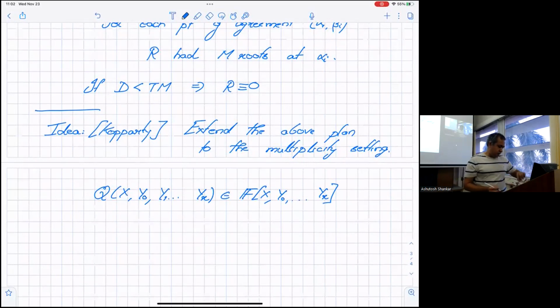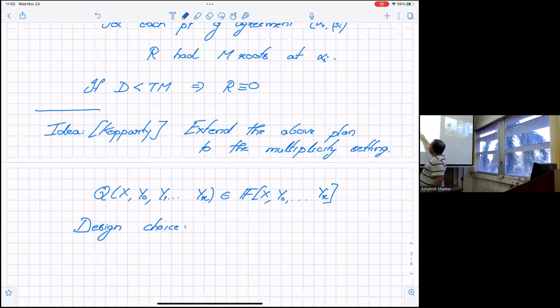There's a design choice here, just like M and D. R can be any number. Previously, in the Berlekamp-Welch equivalent setting, R was just 0. You just had one additional variable. We can go all the way to R being S minus 1 because we have that many derivatives.